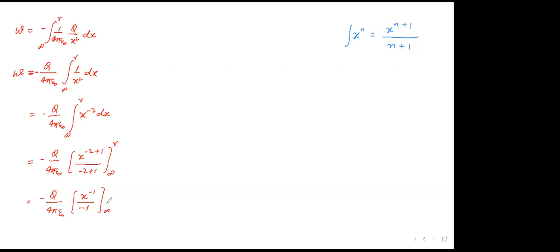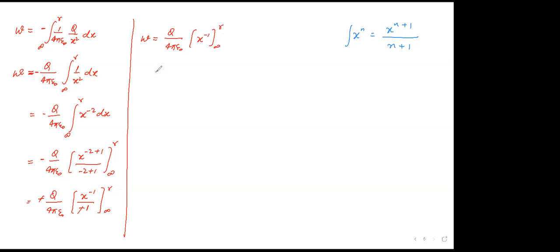Do you understand? Yes. Good. Now, what is your W? This negative sign and this negative sign will cancel each other, or you can say it becomes positive. You get Q over 4 pi epsilon naught, x to the power minus 1 from infinity to r.